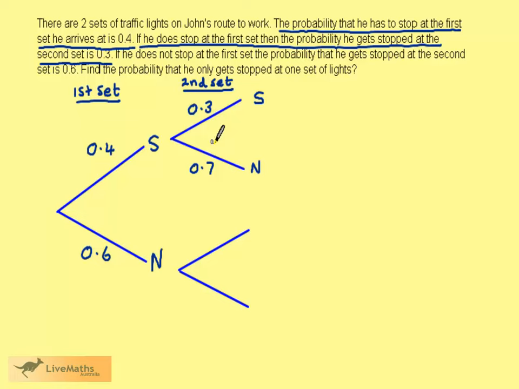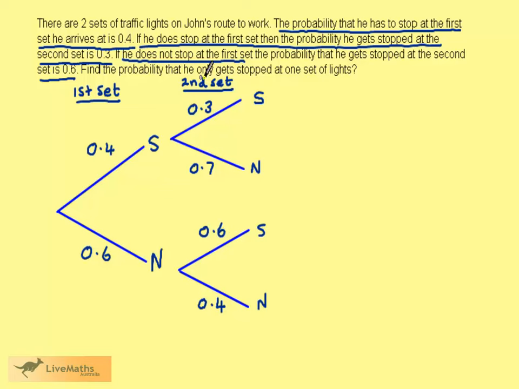Once again, the probability is adding to 1. If we now look at the bottom branch, this is where he does not stop at the first set. The probability of getting stopped at the second set is now 0.6. So this is 0.6, and this one will therefore be 0.4.